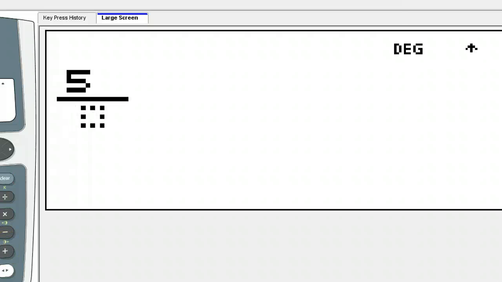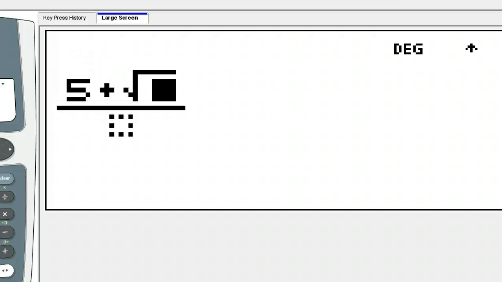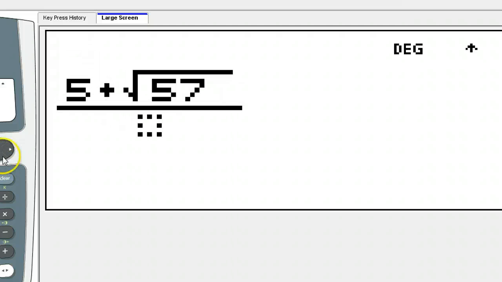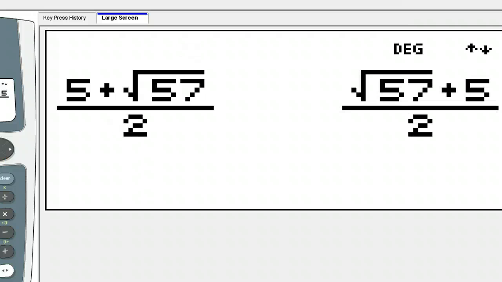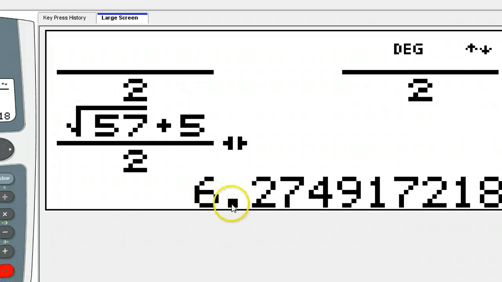So 5 plus radical 57 over 2. Enter. First it just switches these around for some reason. I don't care about that. So I'm just going to hit the toggle button to get the decimal. I'll do 2 decimal places, the nearest hundredth. So that's 6.27.